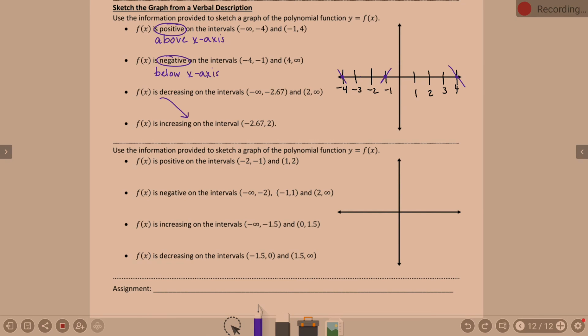So what that's saying is that this graph is going to be going down to about -2.67. This graph is also going to be going down from 2, which where are we at 2? We're up above here, right? So from 2 to positive infinity. Those are decreasing segments. They're angling down.